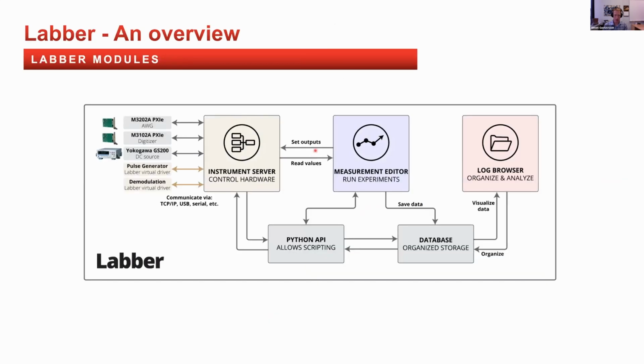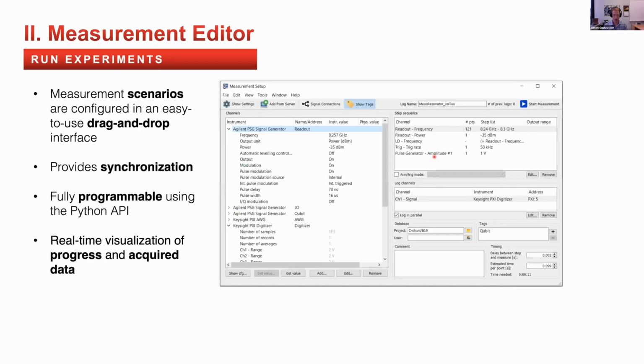The next part of the Labber stack is the measurement editor, which is where you define and run experiments. And this window looks like this on your computer. You add a number of instruments you want to include in your measurement. It could be, again, different kinds of instruments, DC sources or generators or pretty much anything.